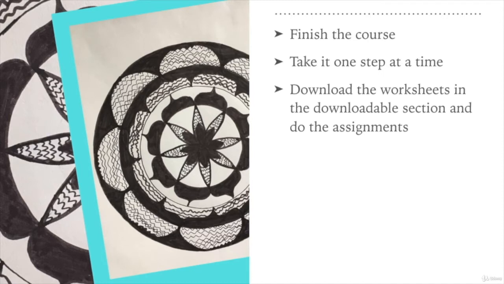You should really look at each module, because you cannot get the win that you want out of this course if you only do the first module and then forget about the existence of the course. So try to finish it, but just remember that there's no need to finish the whole course in one day. You can definitely do it according to your time and schedule. Just take it one step at a time.